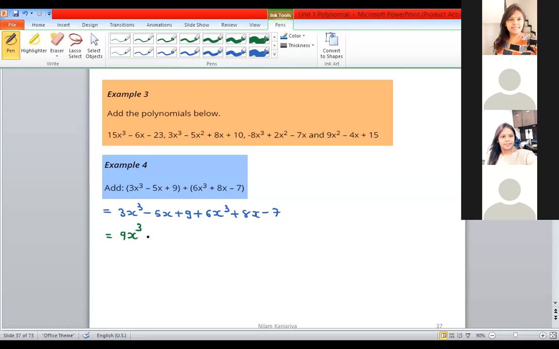It is 9x cube plus 3x plus 9 minus 7, which is plus 2. So this is your addition between two polynomials. Simply, you take the same variable, the like terms will be added, and non-like terms remain as they are. Okay, students? Clear?